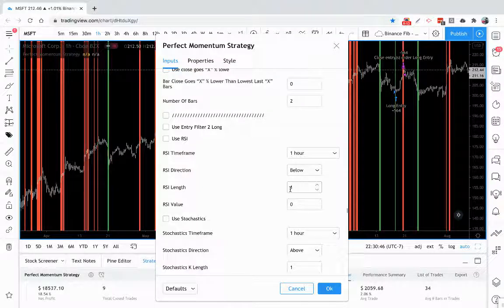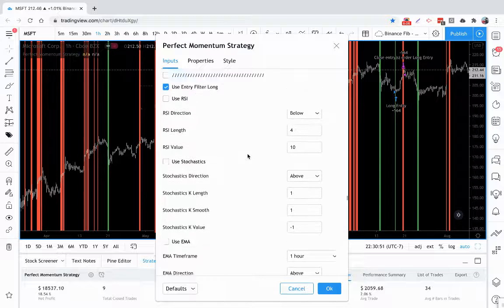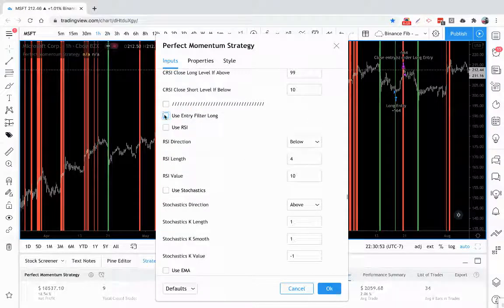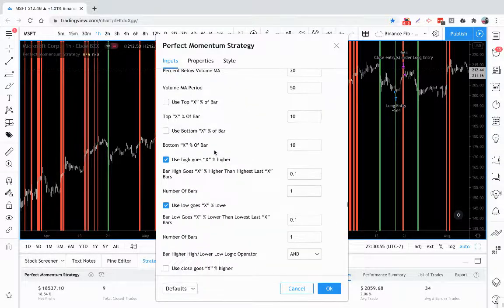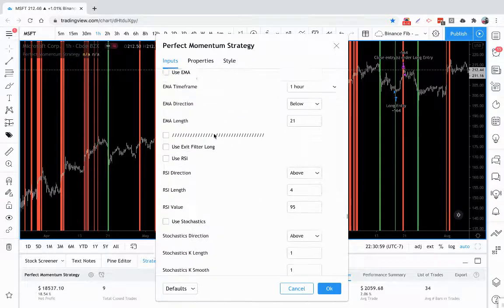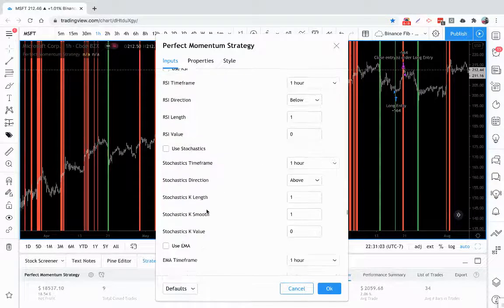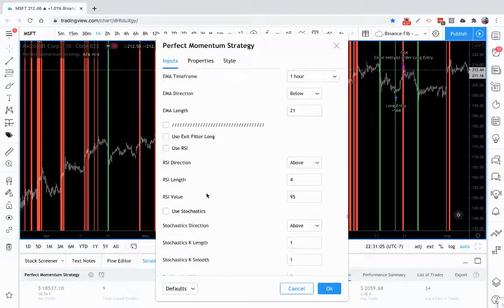You could use them both together. And you want to make sure that if you're going to use your long entry filters, that you actually select use long entry filter to use any of the settings in this. And then if you're using the second long entry filter, make sure you're using those settings there for that.